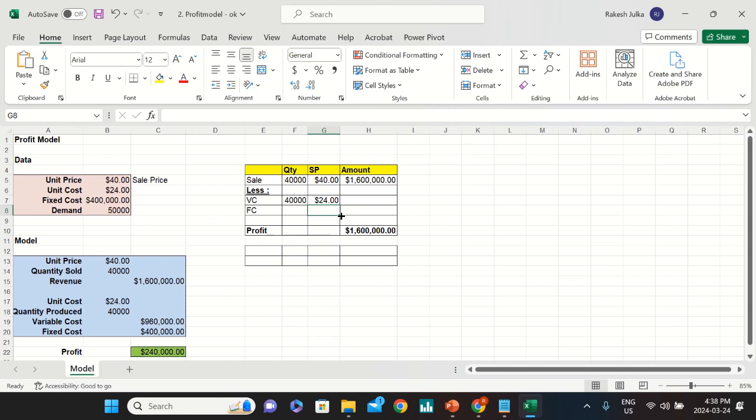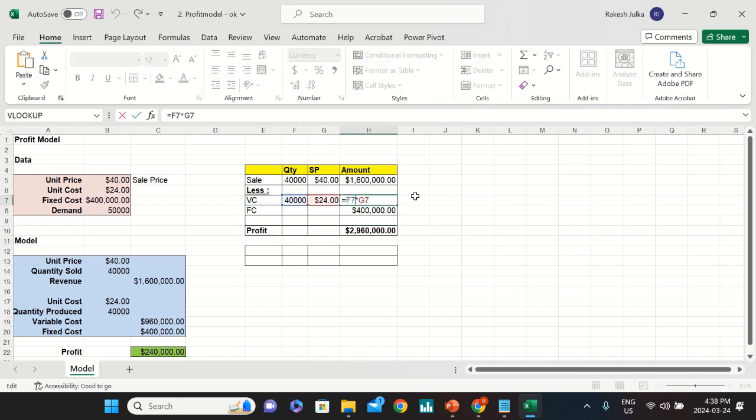We multiply the quantity with the unit cost, so that will be $960,000. For the fixed cost, we already have $400,000. So sales minus variable cost and fixed cost will be the profit here.